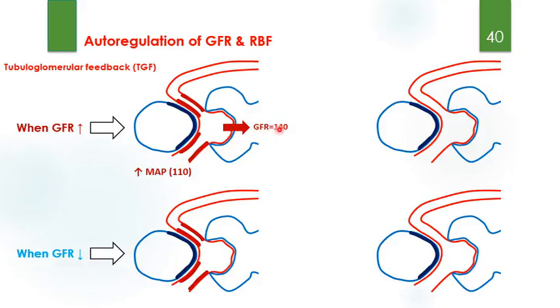When GFR is increased, the delivery of sodium chloride to the initial portion of the distal tubule will be increased because of the increased flow rate of sodium chloride through the initial part of the nephron. So what will happen? Macula densa cells will sense this increased sodium chloride and will signal to the juxtaglomerular cells and will change their resistance in this manner.